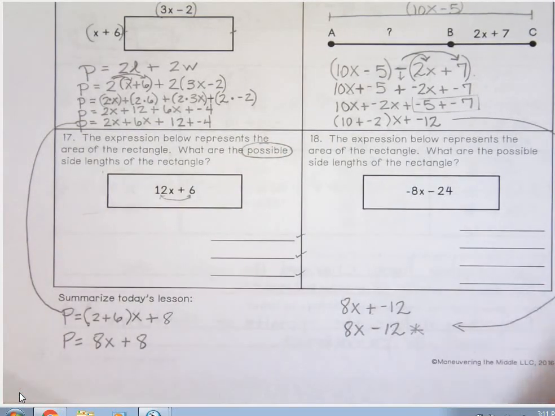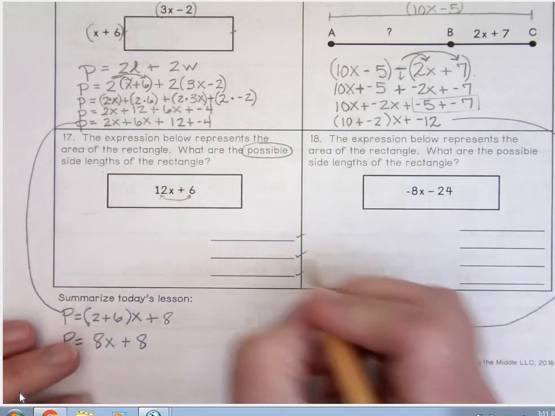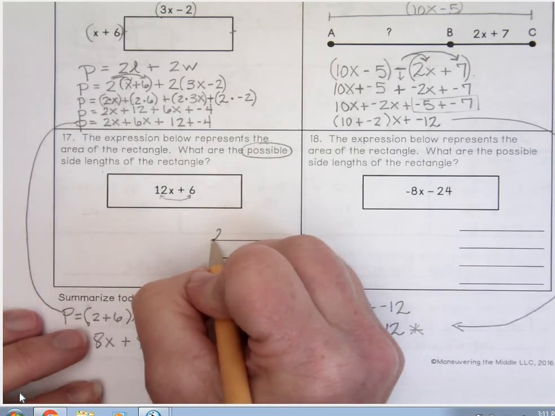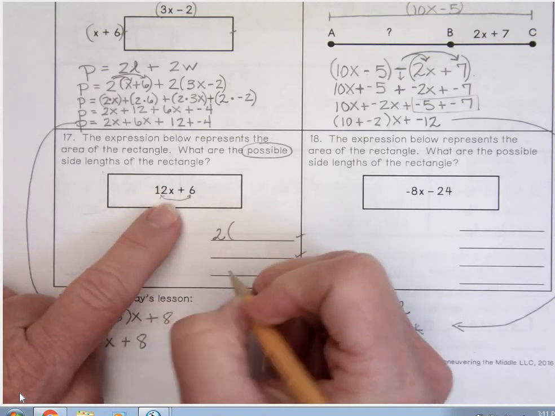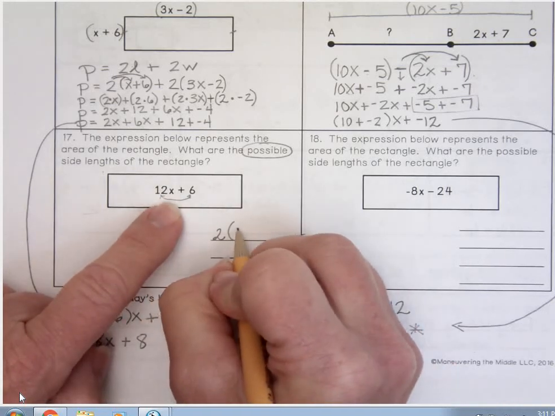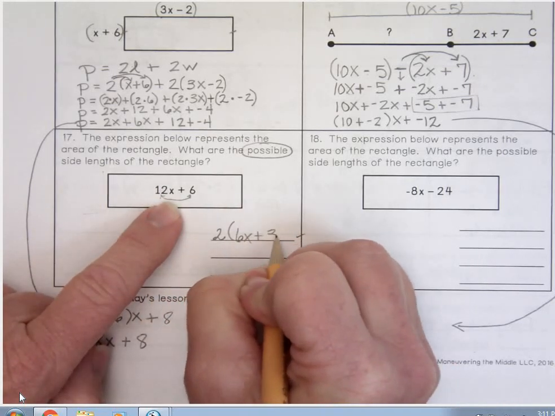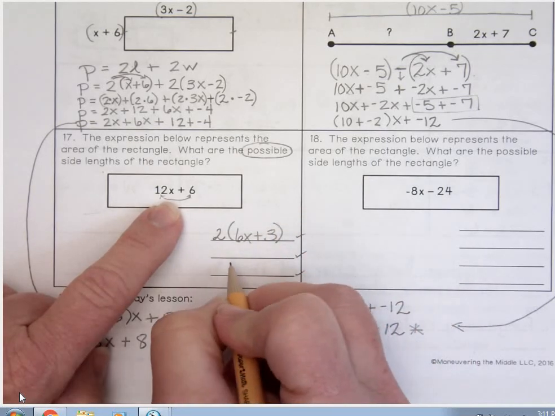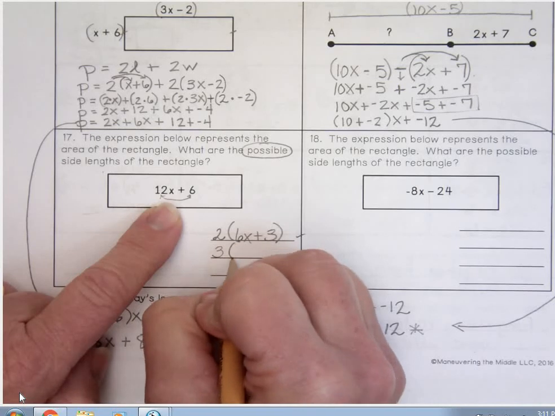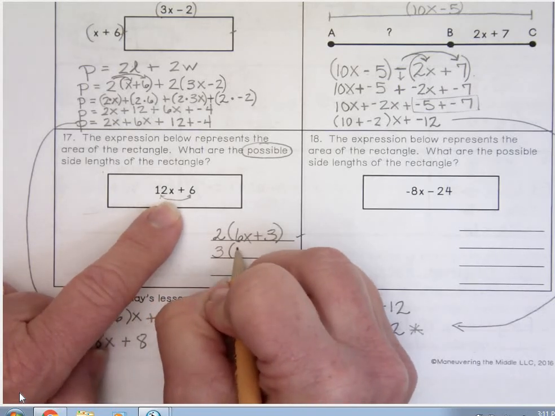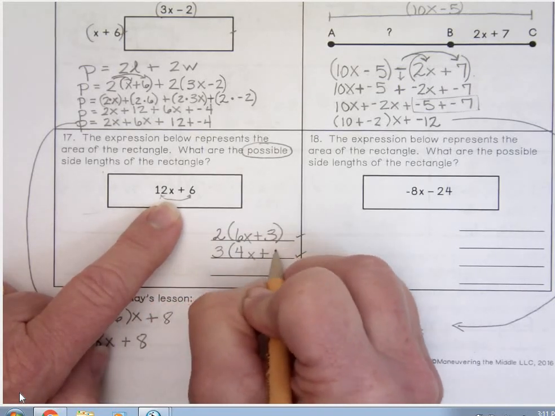So I'm thinking factors of 6 and 12. One of them would be 2. If I factor 2 out of the 2 terms, then I'm left with 6x and 3. Another factor of 6 and 12 is 3, which would leave me with 4x and 2.